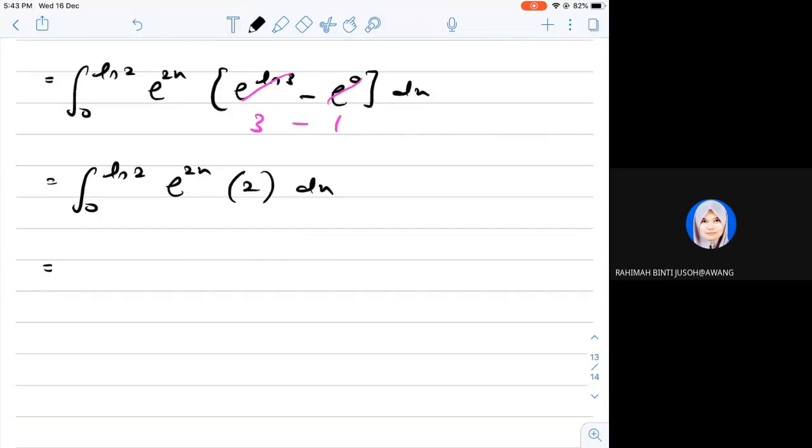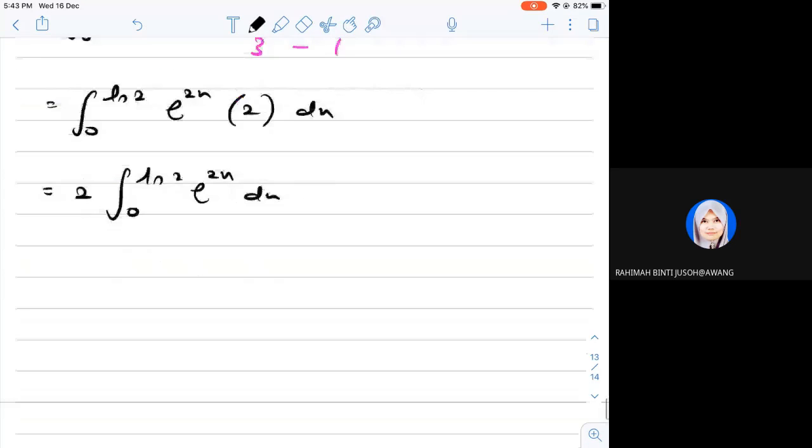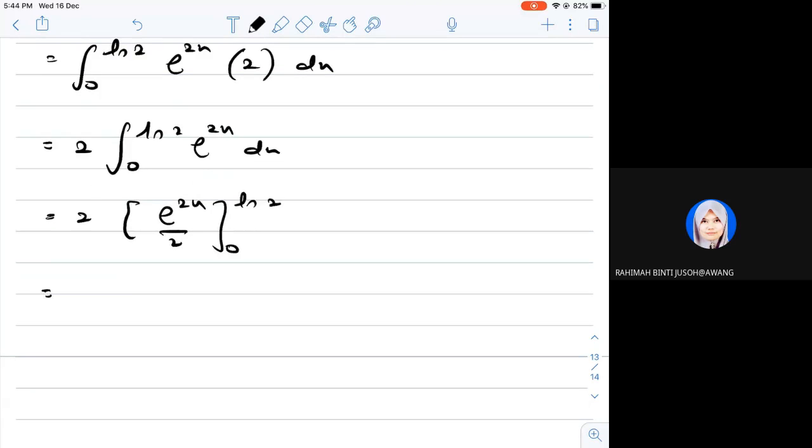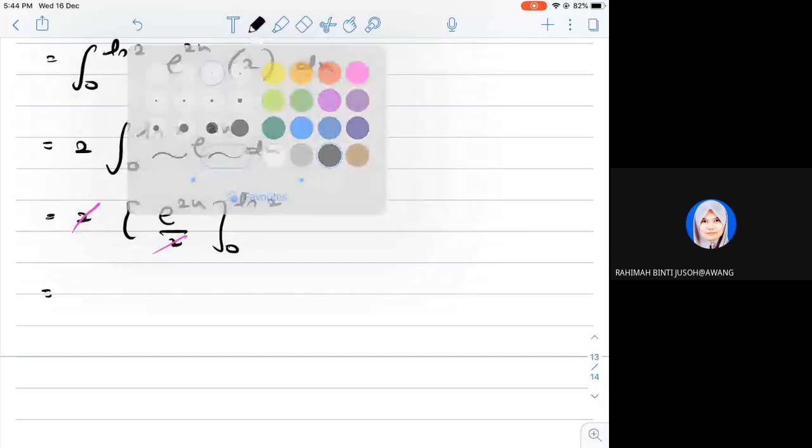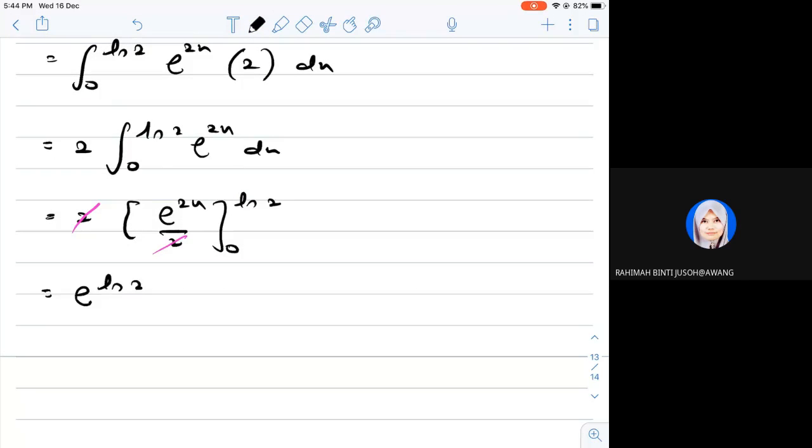Integrate exponent to x. So 2, 0 until ln 2 exponent to x dx. Okay, so integrate exponent to x, you will get exponent to x over 2, isn't it? So substitute 0 and ln 2 inside the x. Of course, we can cancel this. So we will have exponent 2 ln 2 minus exponent 0.